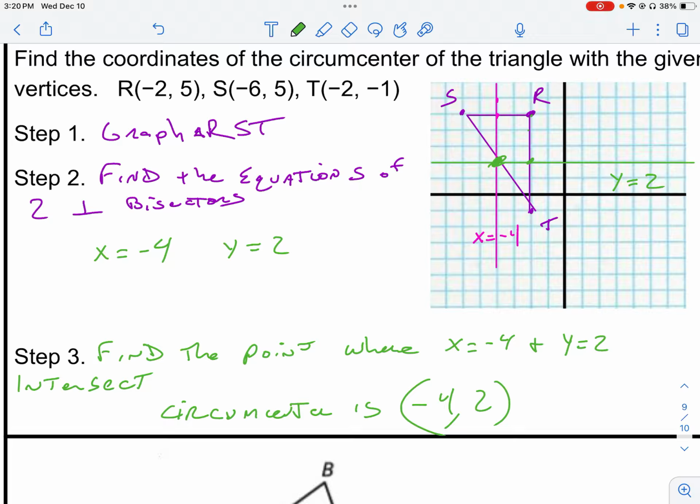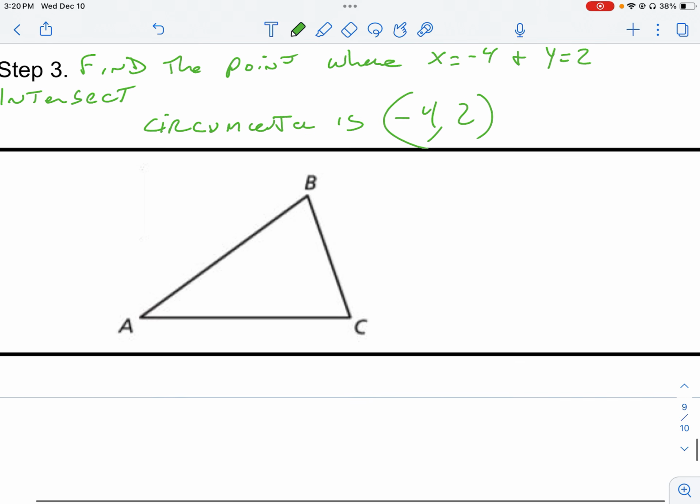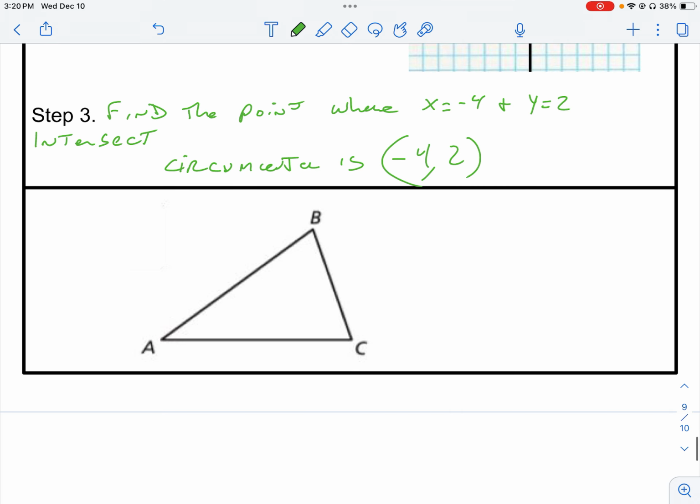And once again, if it wasn't so neat, we'd have to find the slope, the negative reciprocal of that slope, find the equation of the line, and then do a system of equations to find where the 2 lines meet. Much simpler process here. We didn't have to do that.